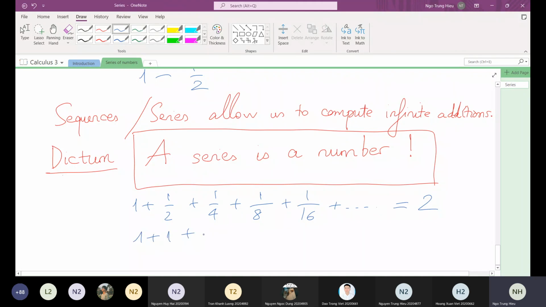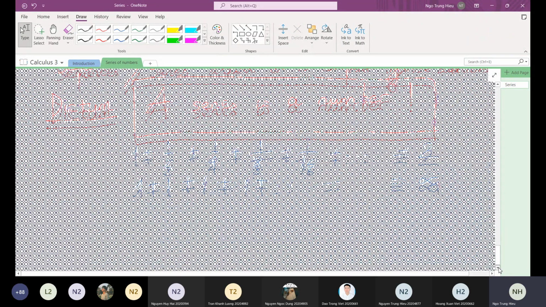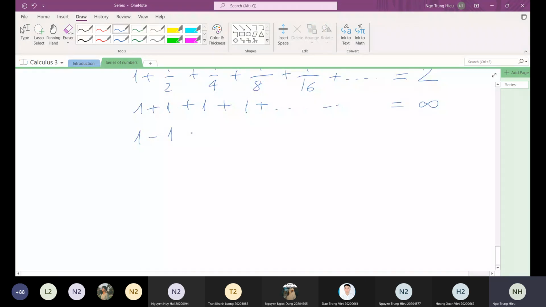And if we have 1 plus 1 plus 1 plus 1 and so on, right? So what is this number? This is actually the number infinity, right? We add infinity to our number system, right? And now we add another kind of number, like 1 minus 1 plus 1 minus 1 plus 1 minus 1 and so on, right? So this guy is a kind of non-existent number, right?